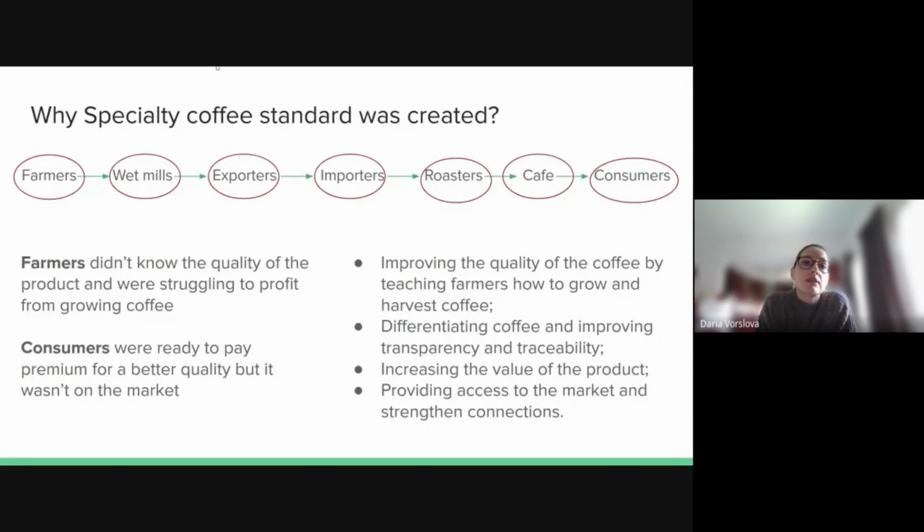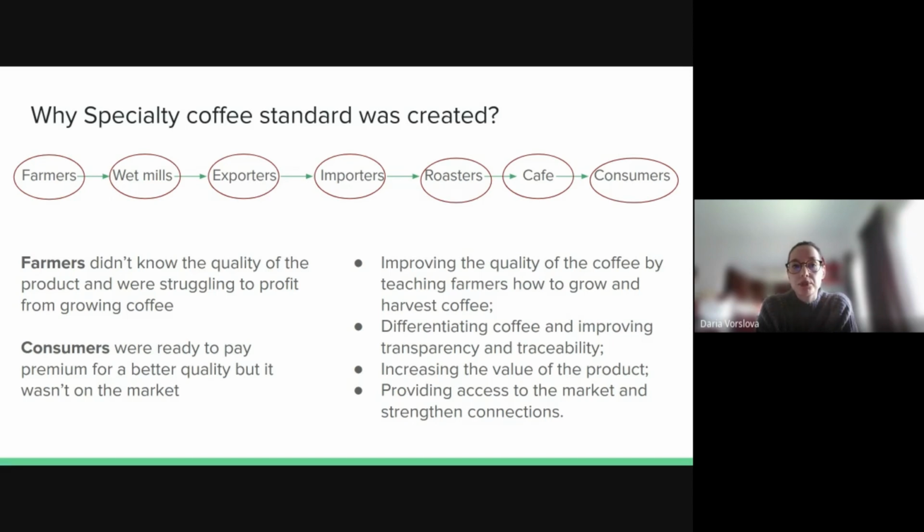So let's imagine the entire supply chain 30 years ago again, right? The participants are the same, no matter if it's 50 years ago, 30 years ago, or now. We have farmers who are growing cherries, picking cherries, maybe doing some sorting at this stage. We have wet mills where processing takes place.